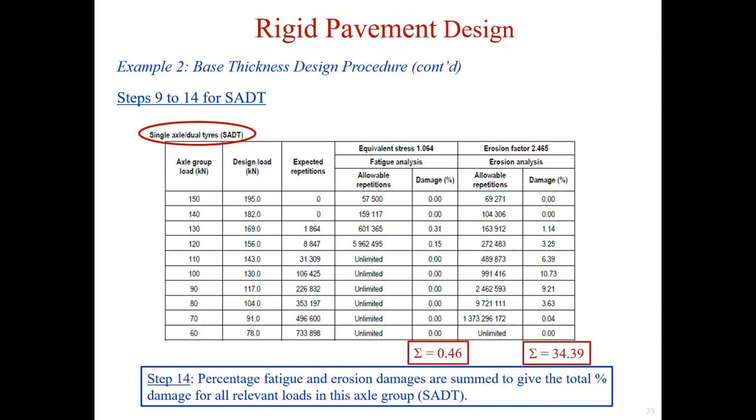Next is to run steps 9 to 14 for single axial dual tires SADT. The total percentage of fatigue and erosion damage are summed as 0.46% and 34.39% for axial group SADT.